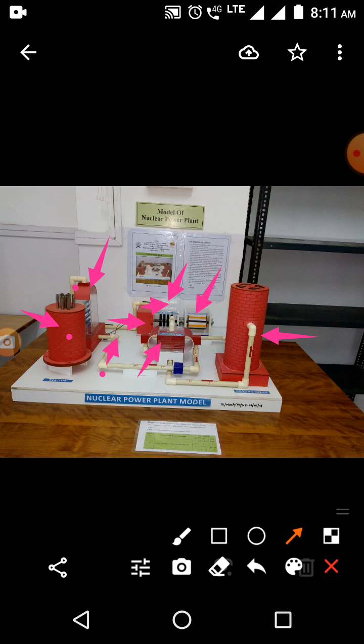The steam coming from the turbine goes to the condenser. The function of the condenser is to condense this steam. In the condenser, we flow cold water from this side, and when this cold water comes in contact with the steam, it absorbs the heat from the steam.